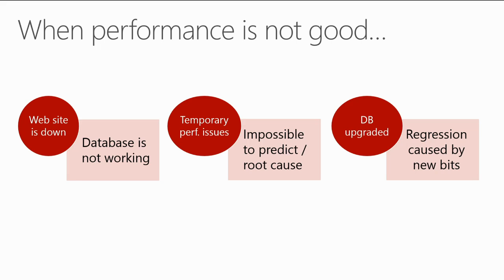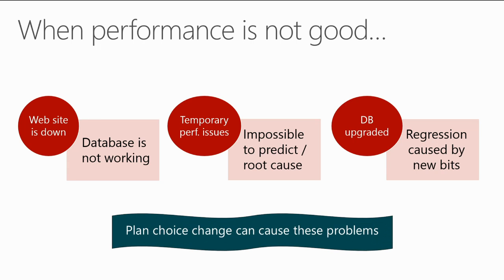And finally, some customers also complain that performance has degraded after they moved to the latest version of SQL Server. This is really an unfortunate situation, both for them and us. So we know that some of these problems can be caused by the query optimizer trying to figure out the better plan, right? And for the most part, it is doing a great job, but in some situations, it can happen that you experience performance problems.